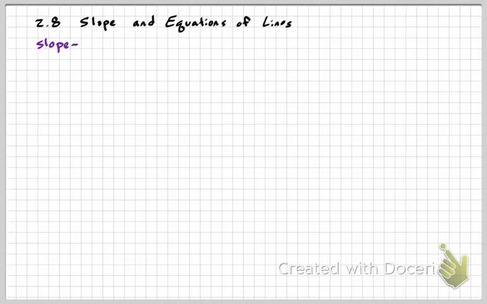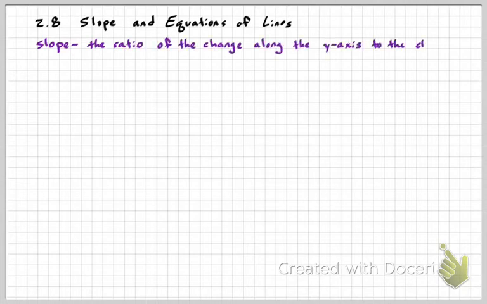So let's first talk about what slope is. Remember, slope is a ratio of change. What that means is how much is it changing horizontally and how much is it changing vertically, or the ratio of the change along the y-axis to the change along the x-axis.